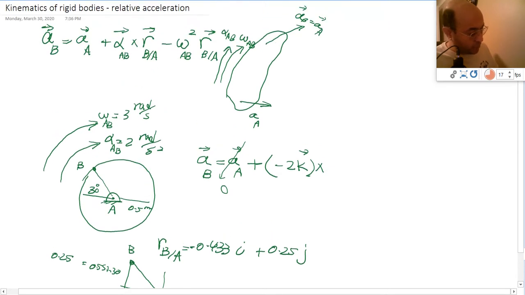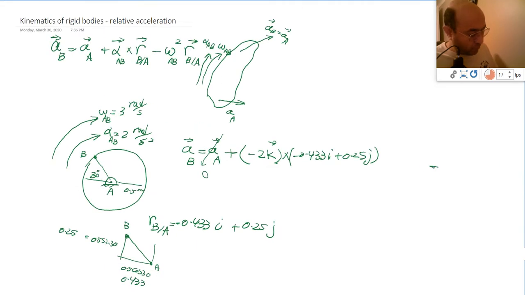Now again, I'm just going to show you the equation there. R of B with respect to A, which is minus 0.433 I plus 0.25 J, and lastly minus omega square.